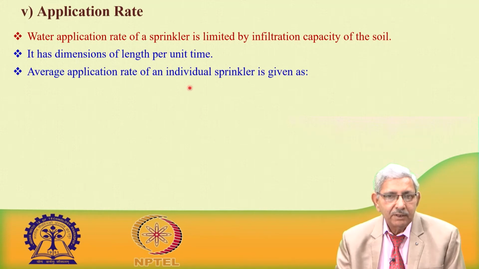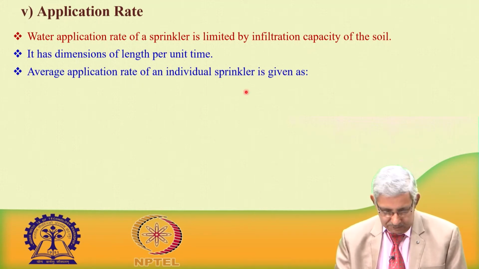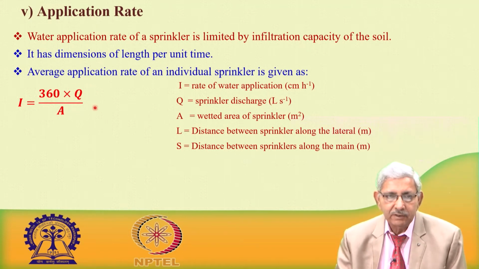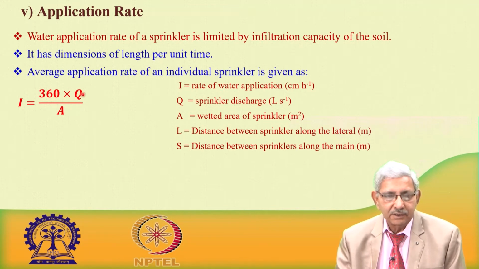The average application rate of an individual sprinkler is given by I, the rate of application or precipitation intensity, equal to Q by A. If we are expressing Q in liters per second and the area wetted by a sprinkler in square meters, then we need to multiply it by 360 to take care of the unit constant.